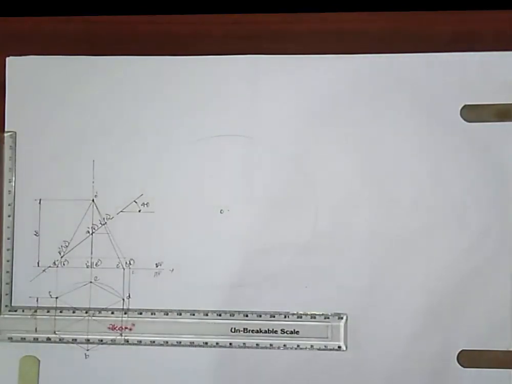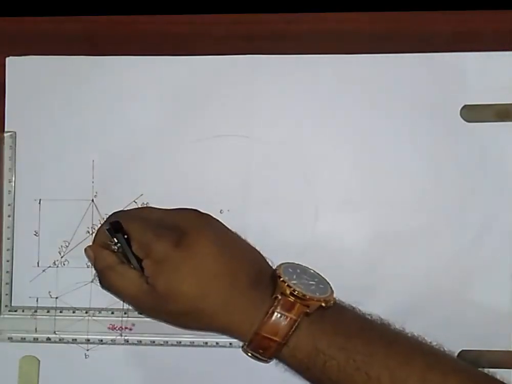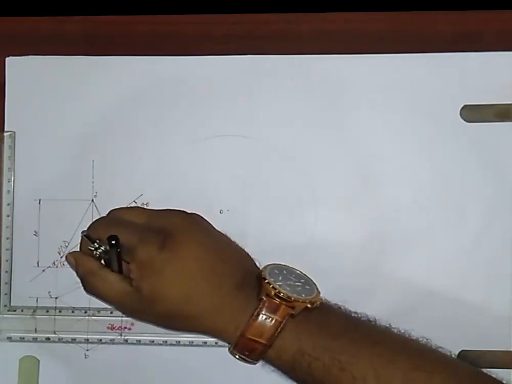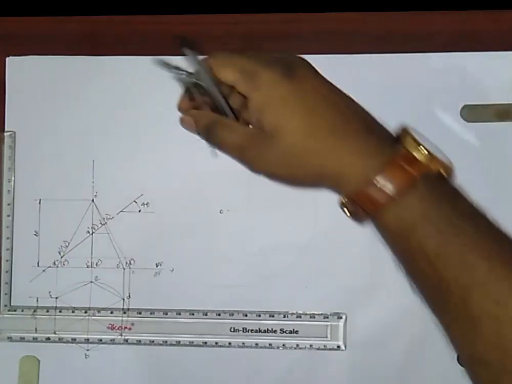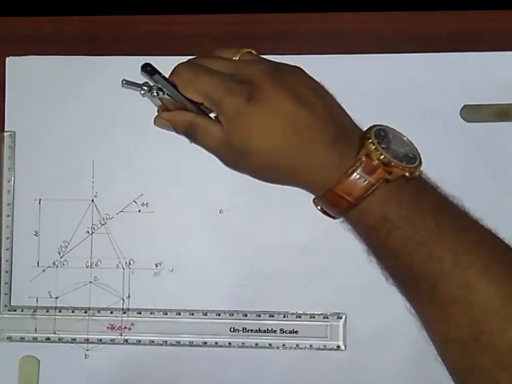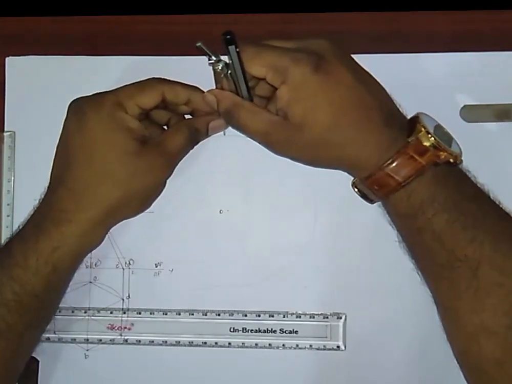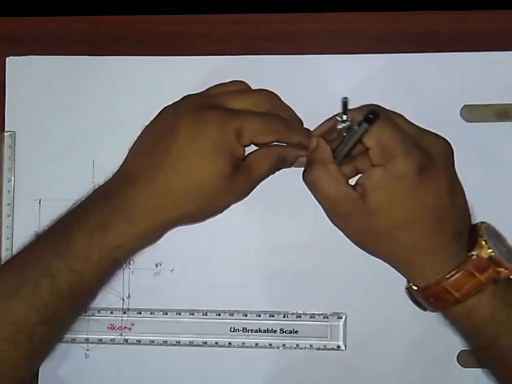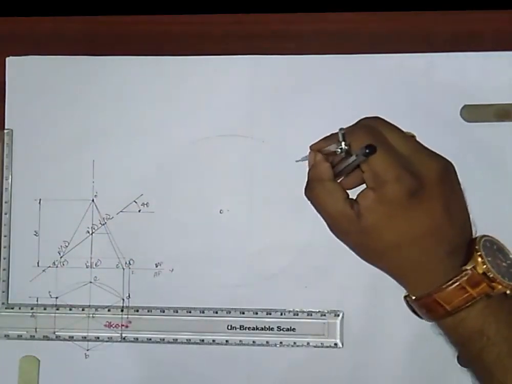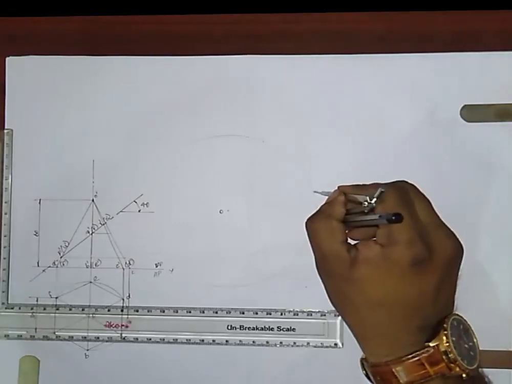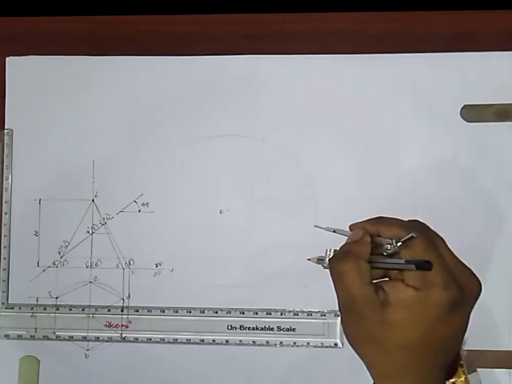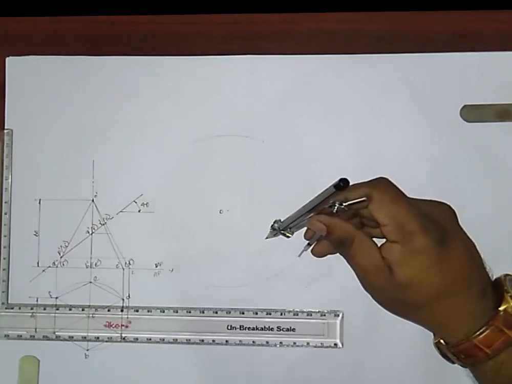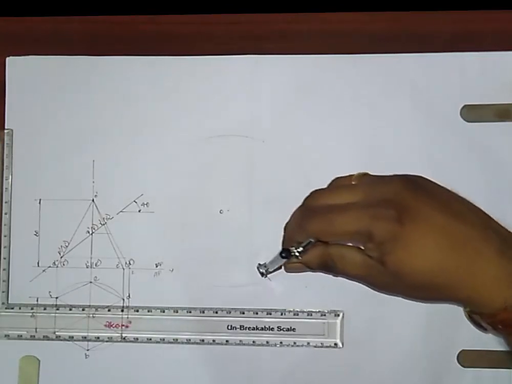Okay, now measure the side length, that is 30 mm. This is your 30 mm. From any point on the arc, just cut 30 mm, and from here 30 mm, the second division, third division, fourth division, fifth division, this is your sixth division.